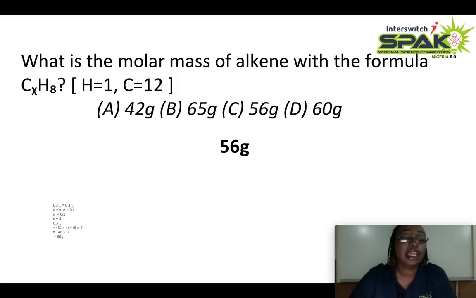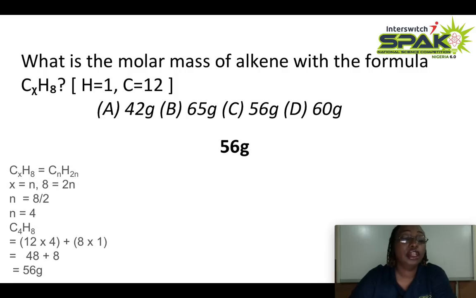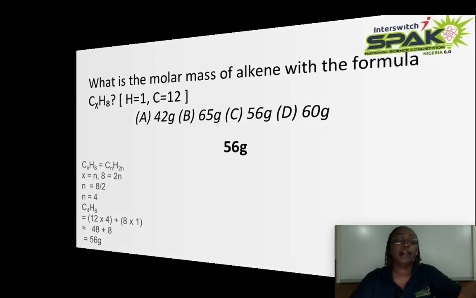So x is equivalent to n, and 8 is equal to 2n. So n is equal to 8 over 2, which is 4. That's C4H8. And by the time you calculate the molar mass, that will be 12 times 4 plus 8 times 1, which is 48 plus 8. Then the answer is 56 grams.